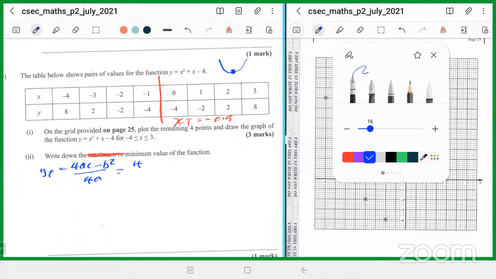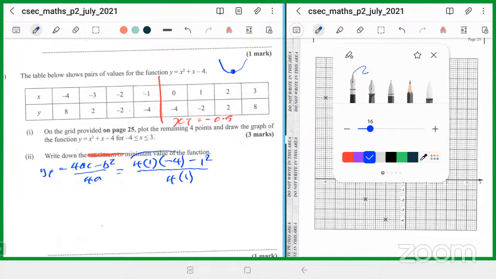That will be 4 times a, where a is equal to 1, times c. The c is -4 right there, minus the b. The b is a 1 in front of the x, so it's -1 squared, divided by 4 times a. The a is 1.